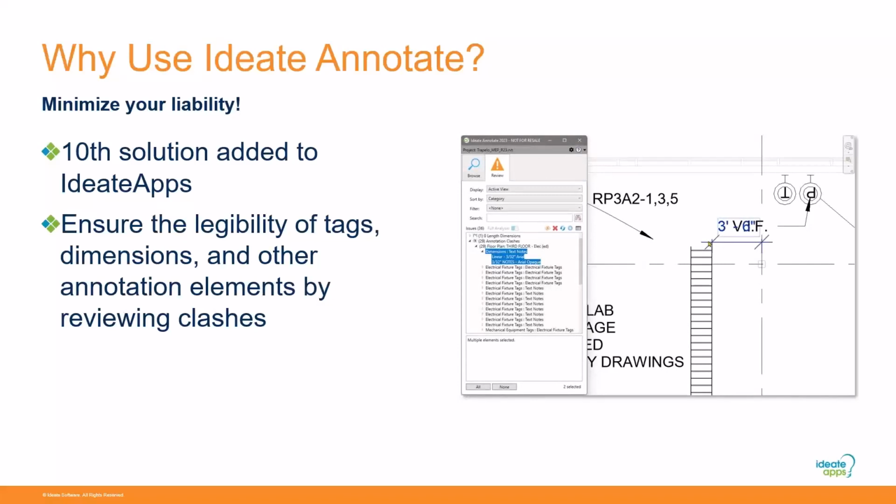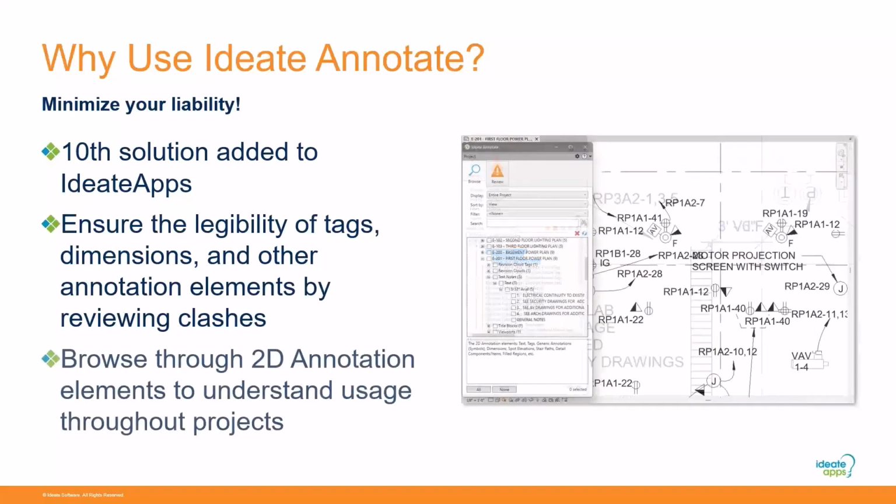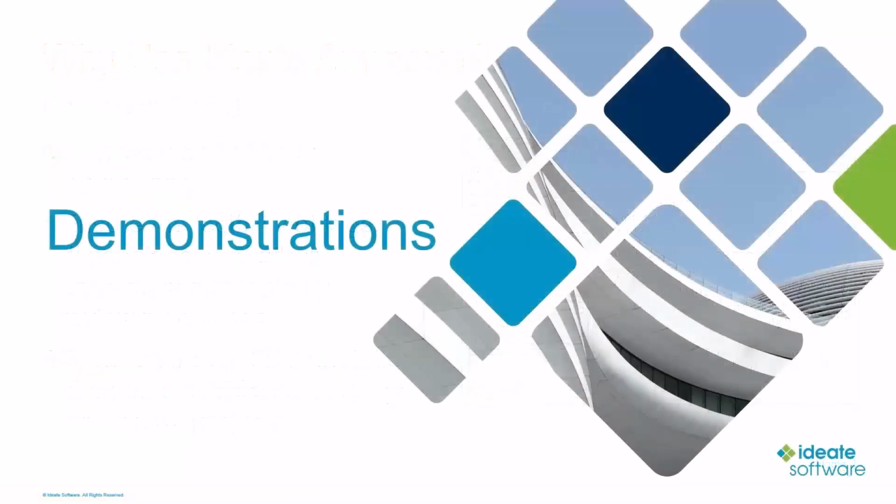So you can see there that we can ensure the legibility of tags. There's a clash between the dimension and the tag in this case, or actually the text where it says verify in field. And then, of course, as I said, you can browse through the annotation elements to understand their usage throughout projects. So let's just go ahead and switch to this.